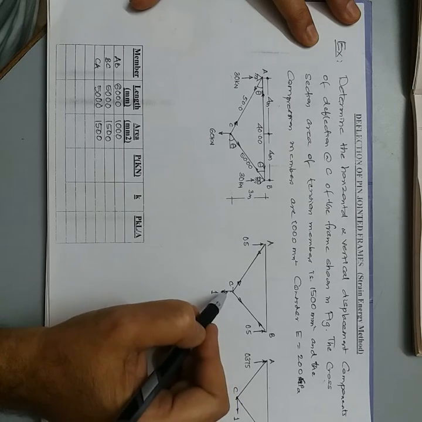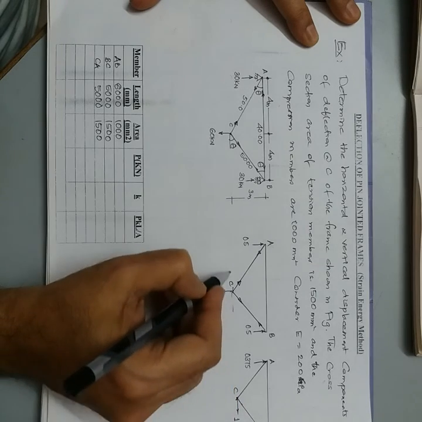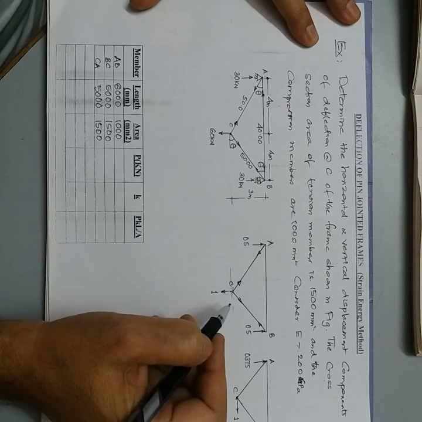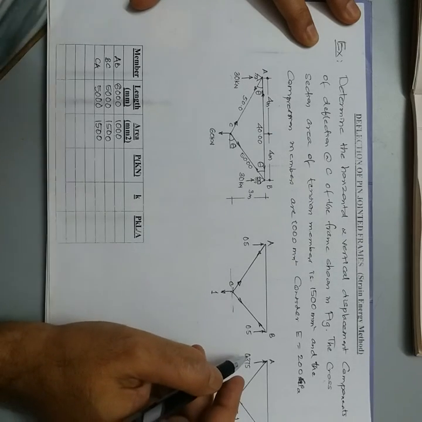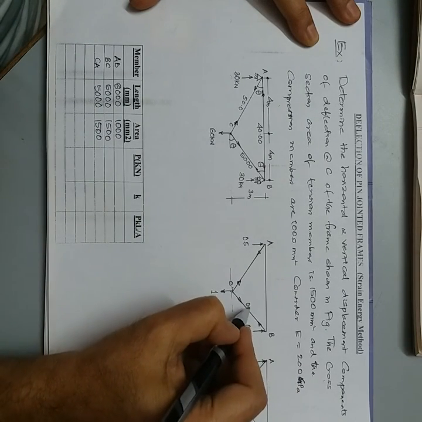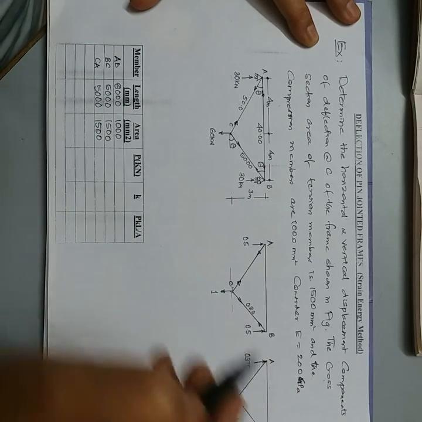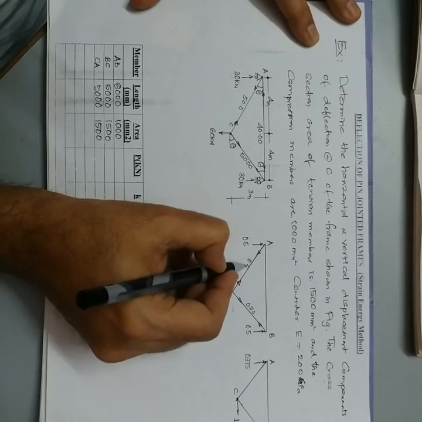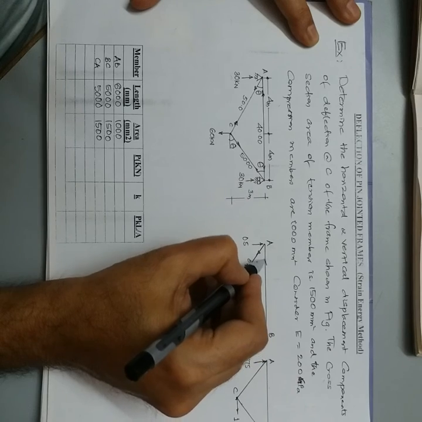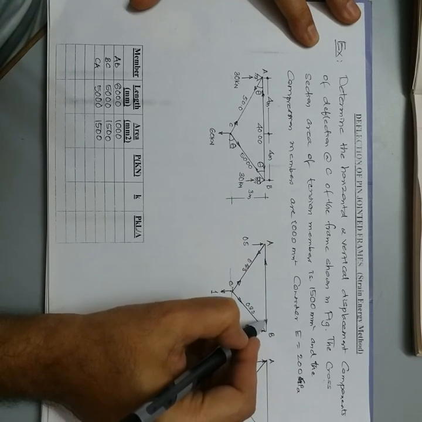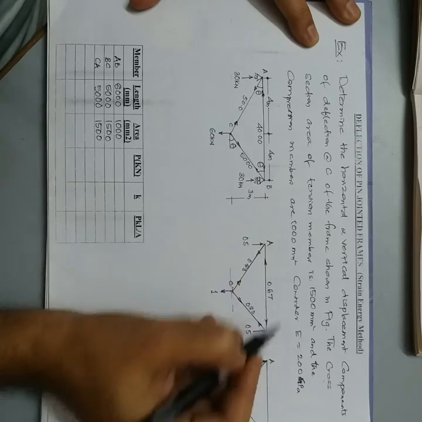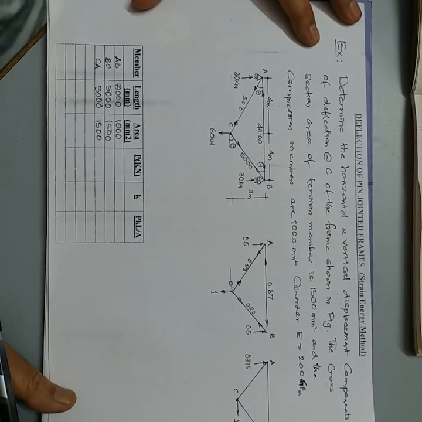So FBC sin theta and FCA sin theta will be equal to 1. Therefore, FAC will be equal to BC, that will be equal to 0.83. And resolving the forces at B or A, we get FAB as 0.67 kilonewton.